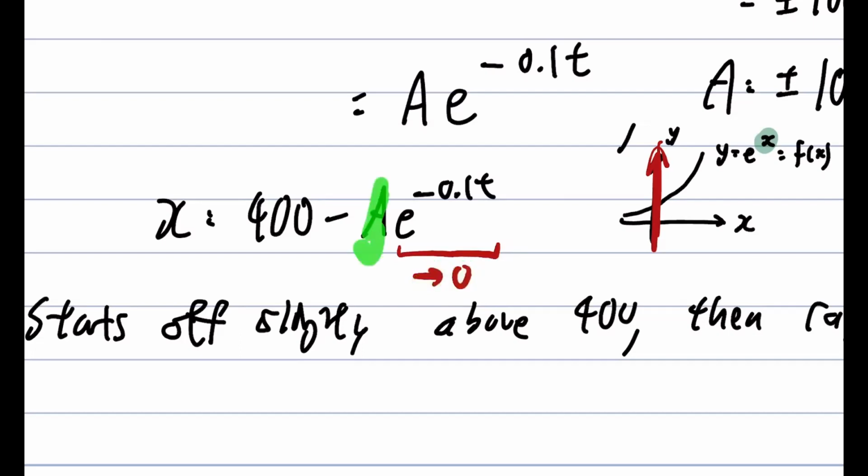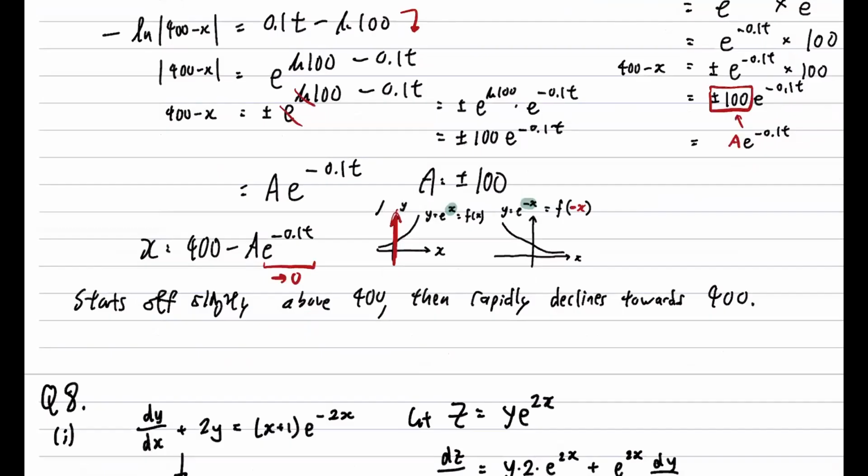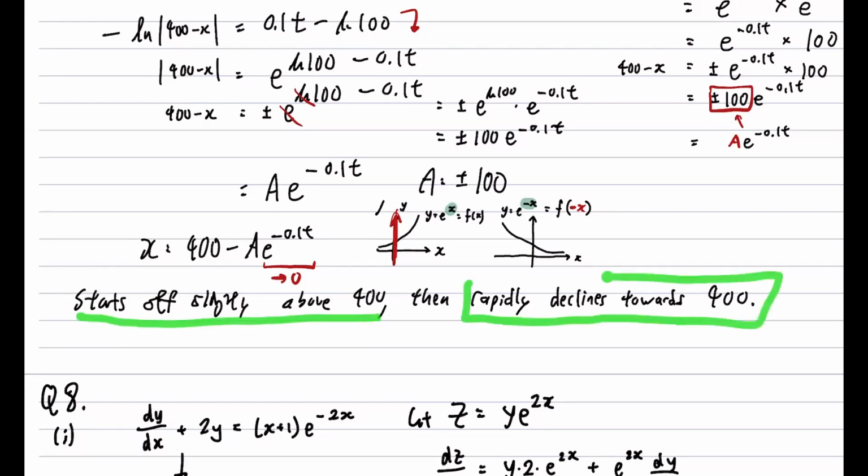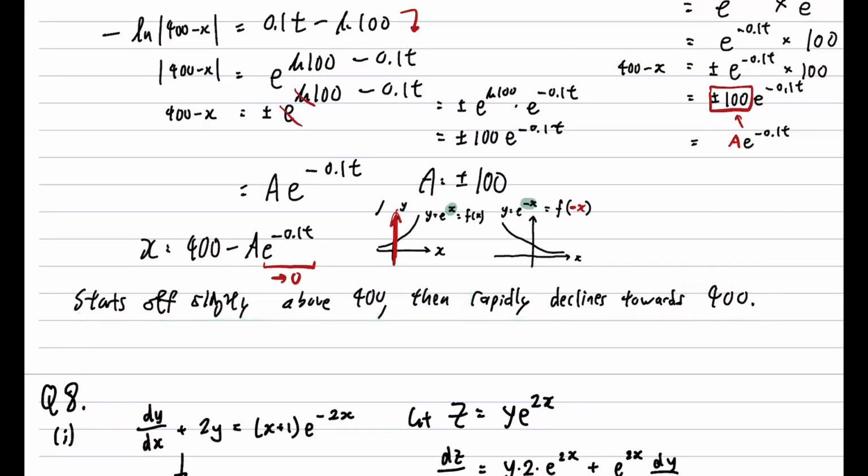Then A times anything, you can just ignore it. Negative also doesn't matter. 0 times -1 is still 0. Then what's 400 minus 0? Just 400. So the description will be, it starts off slightly above 400 and then it rapidly declines towards 400.